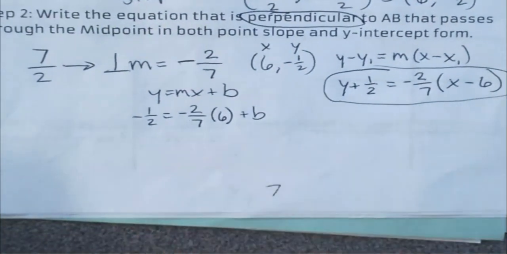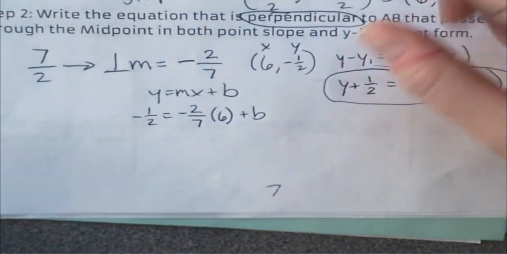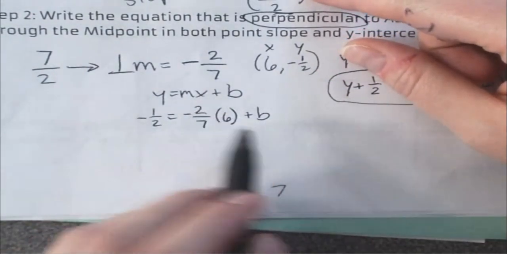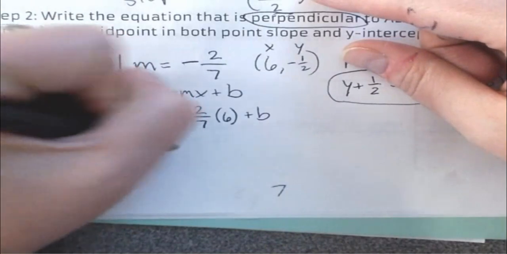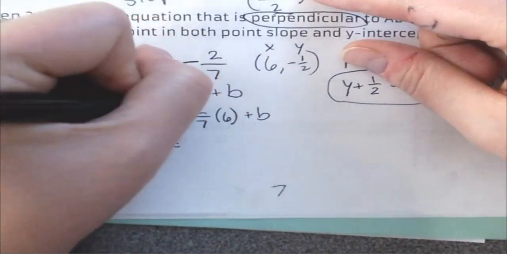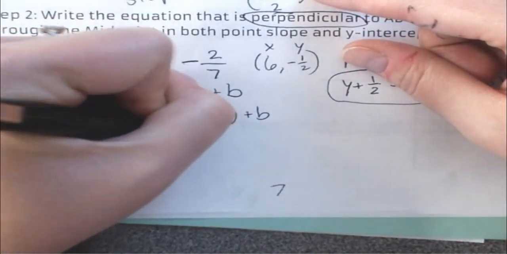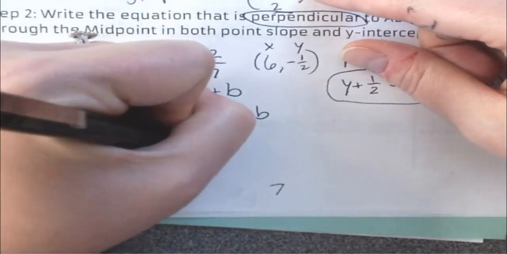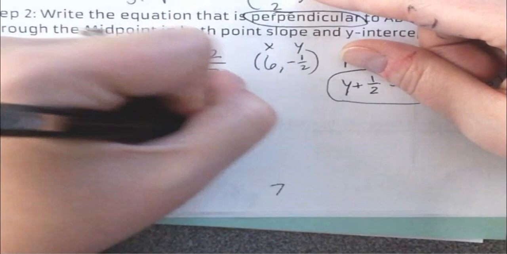And this gets fun with fractions, but we're going for it. We're going to multiply 6 and negative 2. So it's going to become 1/2 equals 6 times negative 2 is negative 12 over 7.